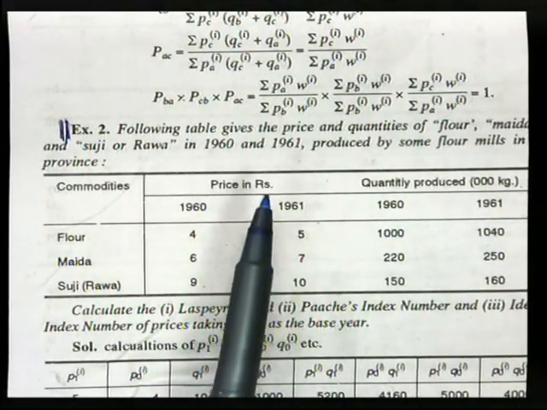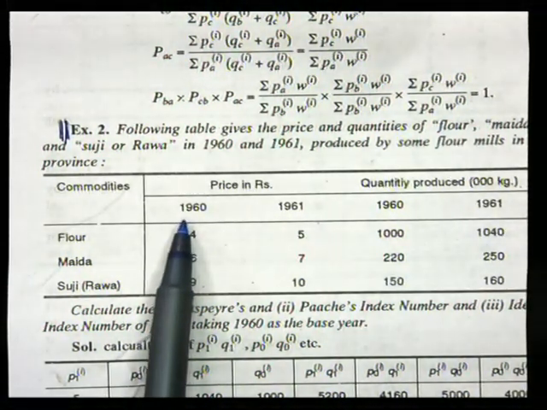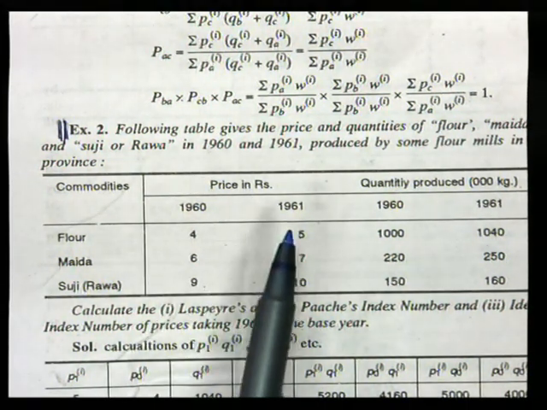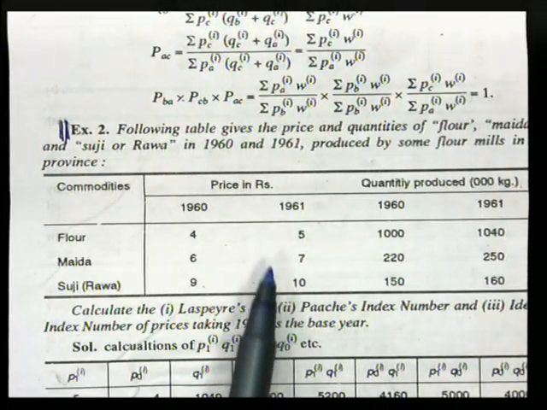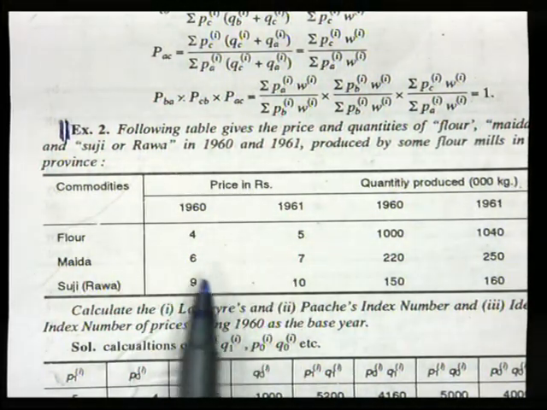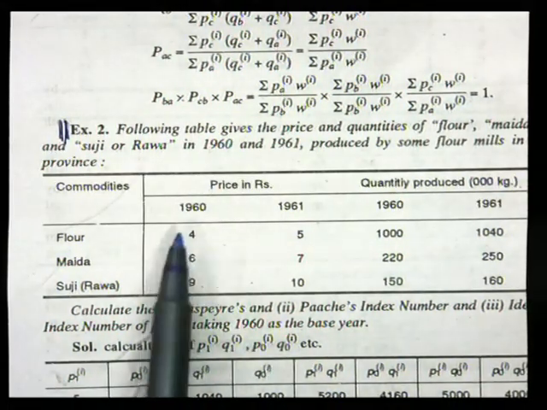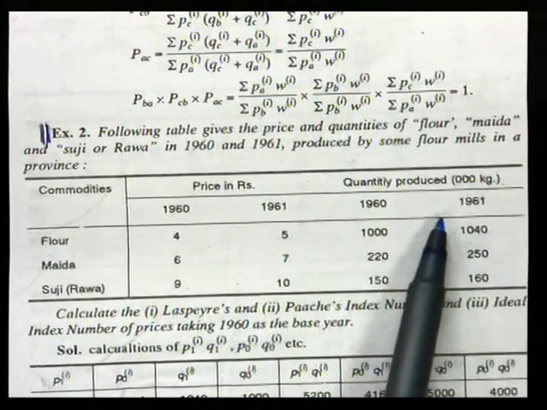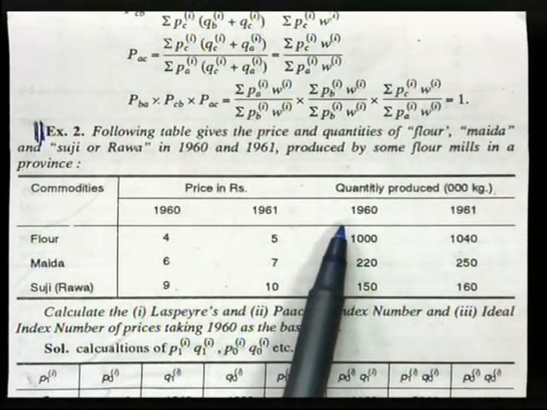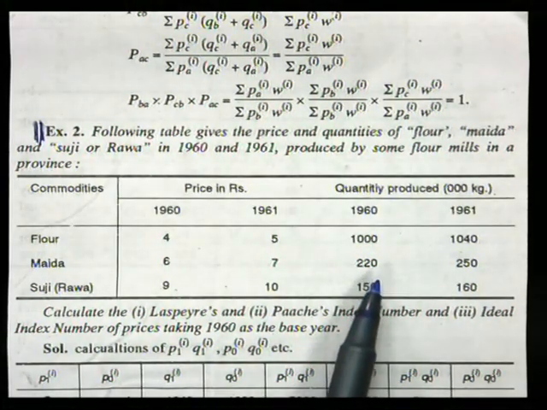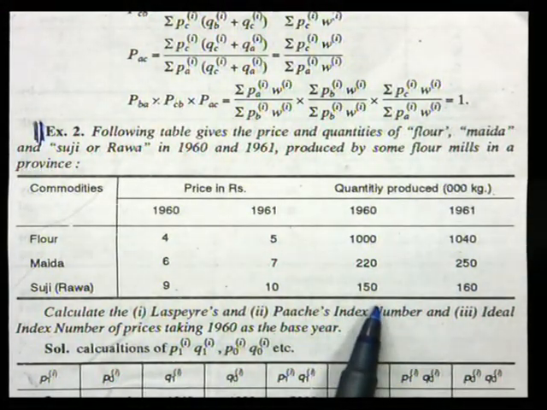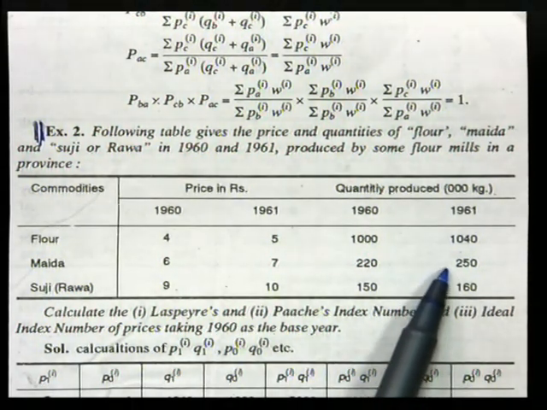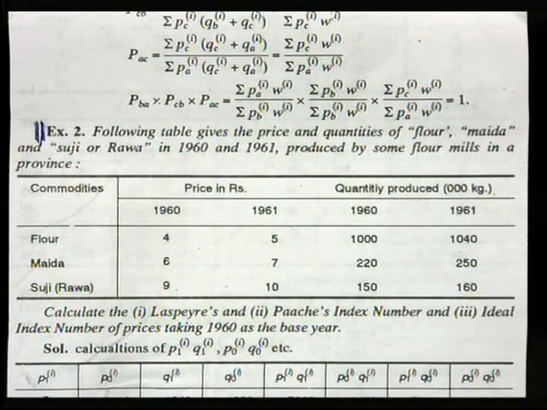Now price in rupees for 1960, some values are given to you: 4, 6, 9 etc. In the same way for 1961: 5, 7, 10 etc. So these are the prices for 1960 and 1961. Now quantity produced in 1000 kilograms is given to us. For 1960 it is 1000, 220, 150 and in 1961 it is 1040, 250 and 160.